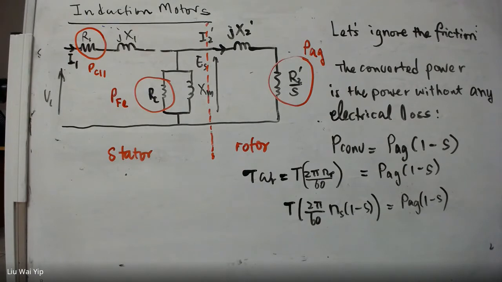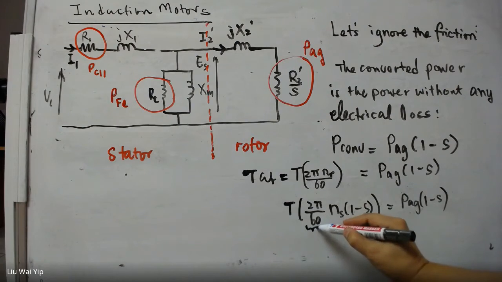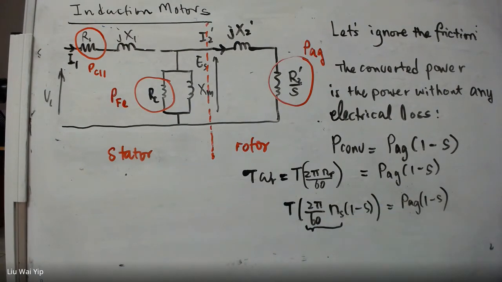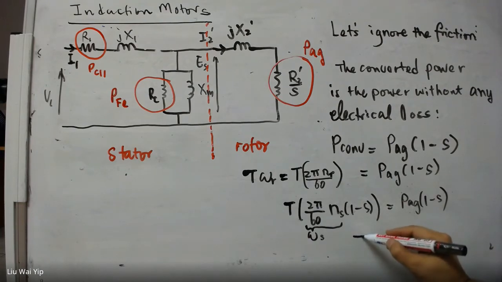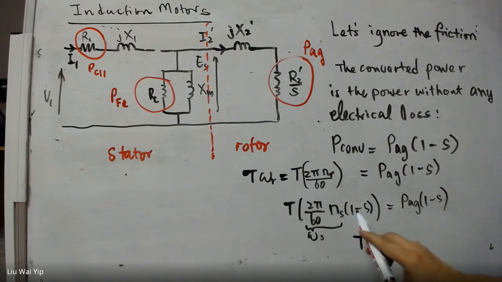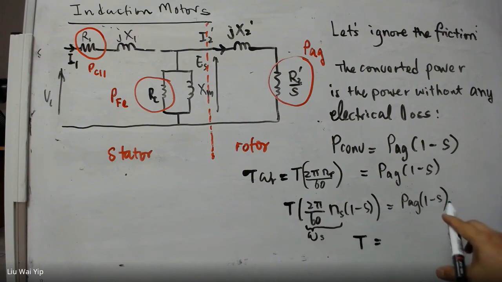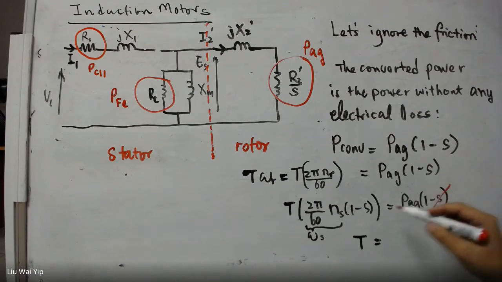So essentially, you have the little expression here for the synchronous speed. So essentially, you can also do this. If it is the case, then the torque is going to be, we have the 1 over 1 minus s on both sides of the equation, so we can cancel this term.